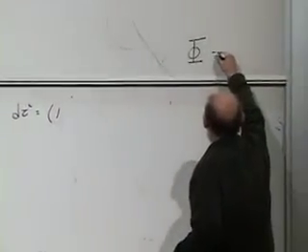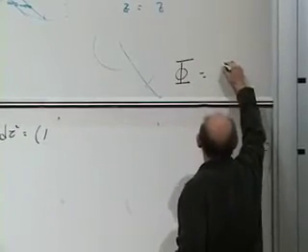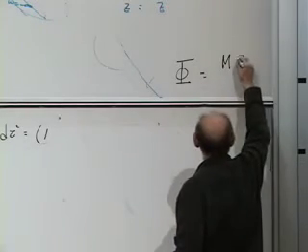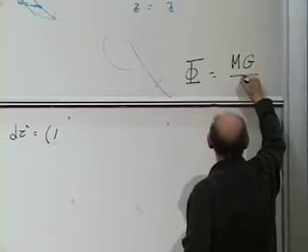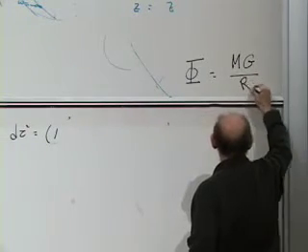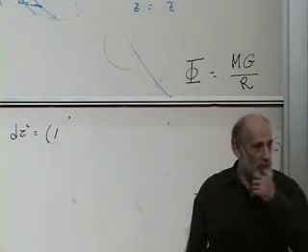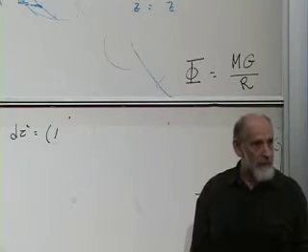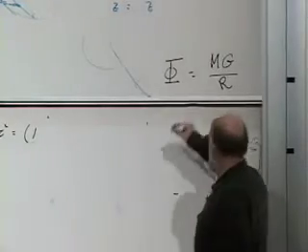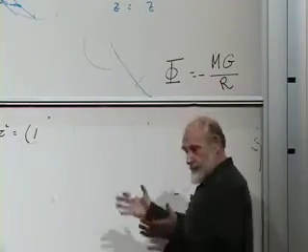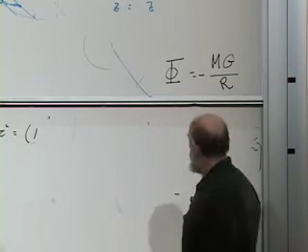It's just phi equals the mass of the gravitating object, times g, divided by r, with a minus sign or a plus sign. I can't remember. Minus sign, right? That's because it's attractive. It pulls you towards the origin.